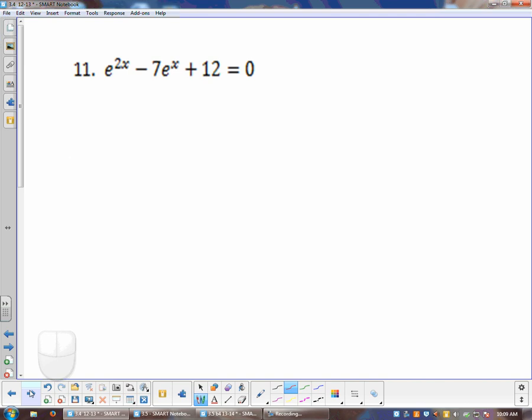For number 11, notice we've got e to the 2x minus 7e to the x plus 12. My suggestion for you on this problem is to let, for example, w equal e to the x. If w equals e to the x, then e to the 2x would be equal to what?